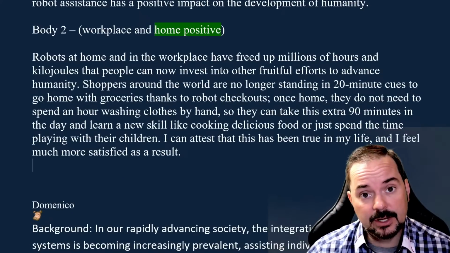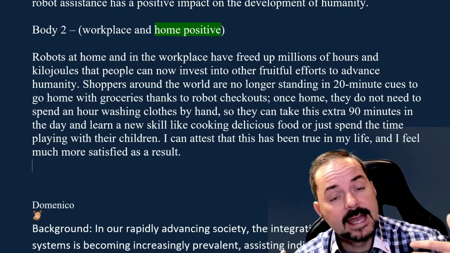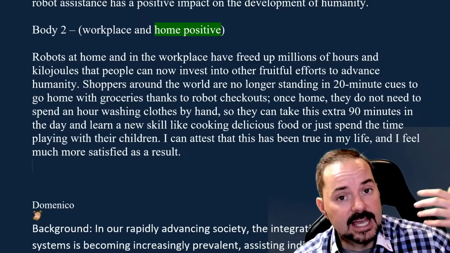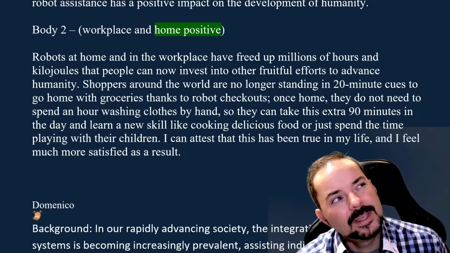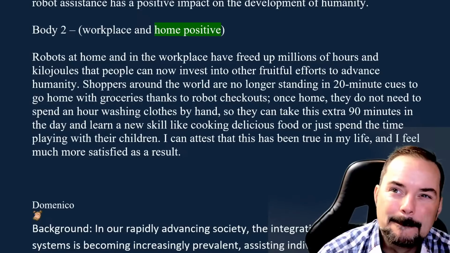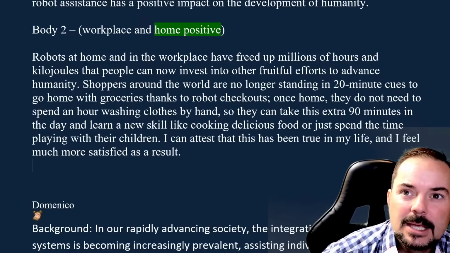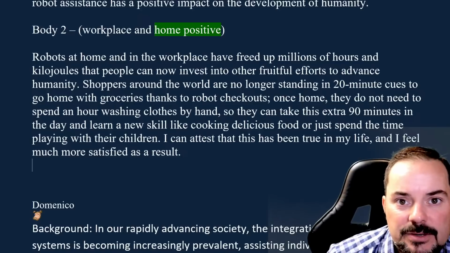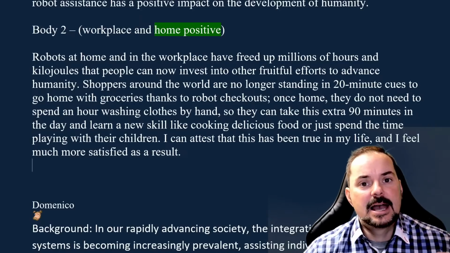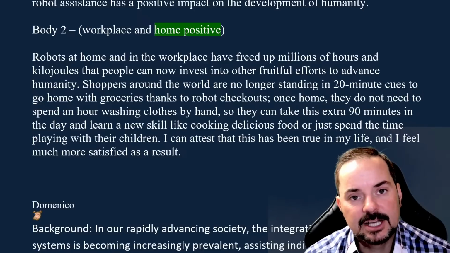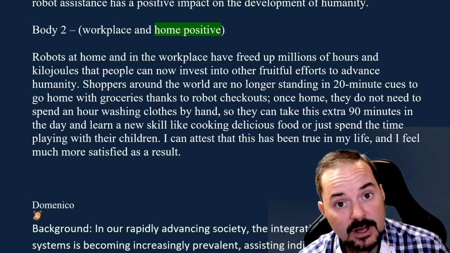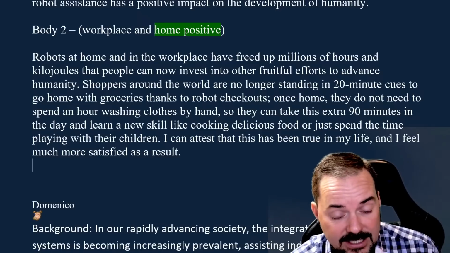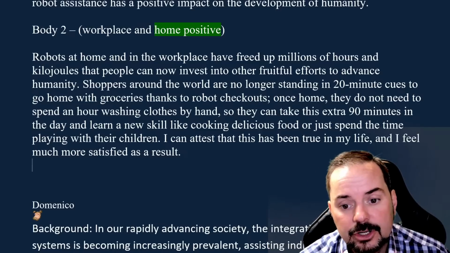So now the reader, instead of feeling sorry for that young boy or that young guy or whoever it is, the cashier not having a job, they're thinking, oh yeah, okay, it's too bad for them, but think about me and all those other shoppers who are saving those hundreds and hundreds of hours, and they have just way more life satisfaction and time to grow and develop as humans, right? Especially when we choose these positive activities with that extra time and energy, right?